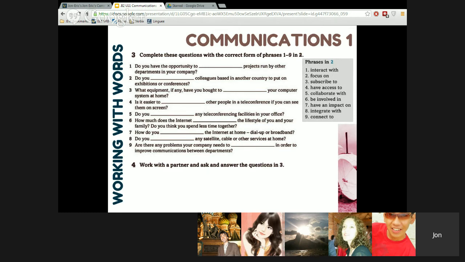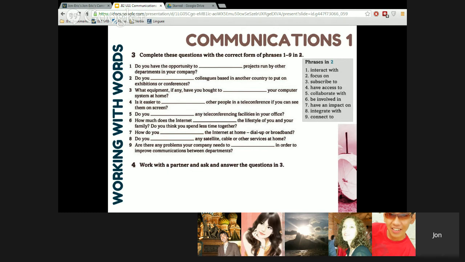Are there any problems your company needs to focus on? Okay. So that only leaves one left for number 1. It's collaboration, integrate, be implemented. Pronunciation. Involved.